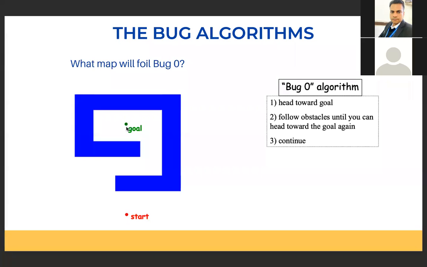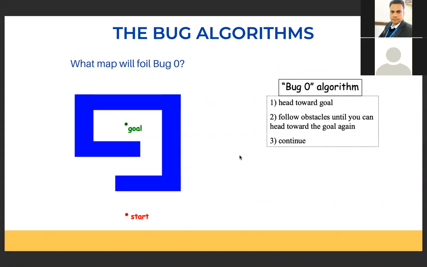But what if I flip this obstacle? Then I can't reach with right. I have to reach with left. So you see, this algorithm can't be generalized for different configurations with a fixed obstacle following direction. Bug zero fails to generalize the motion from start to goal location. This is one major limitation that the bug zero algorithm has.